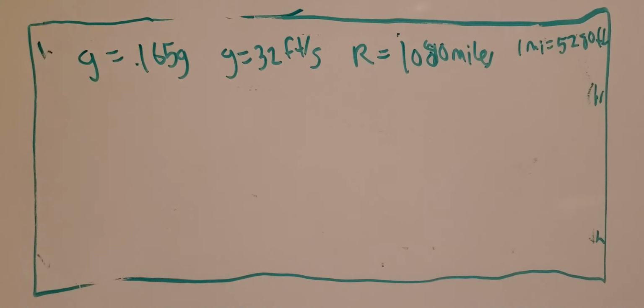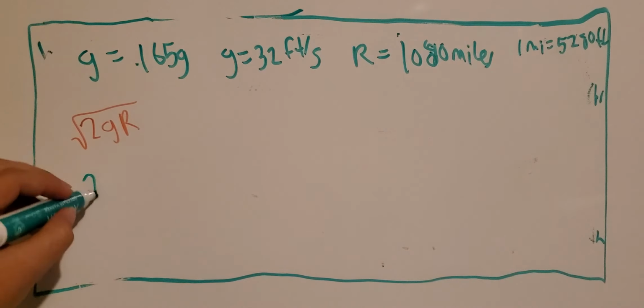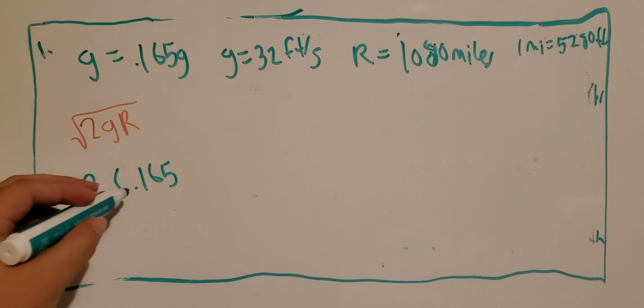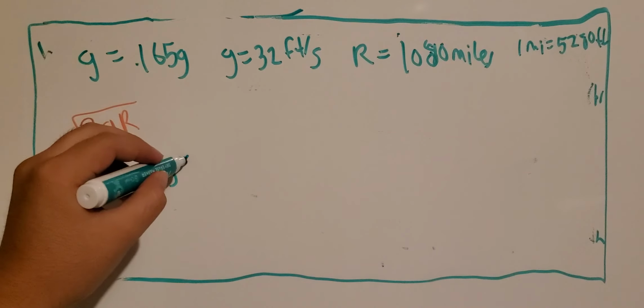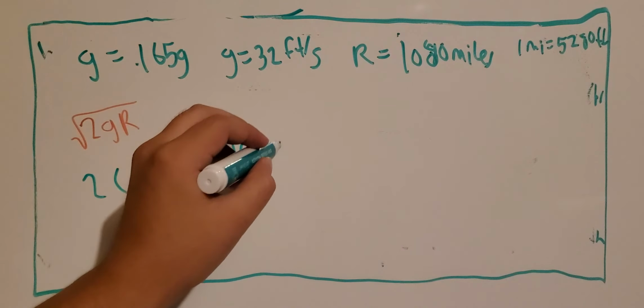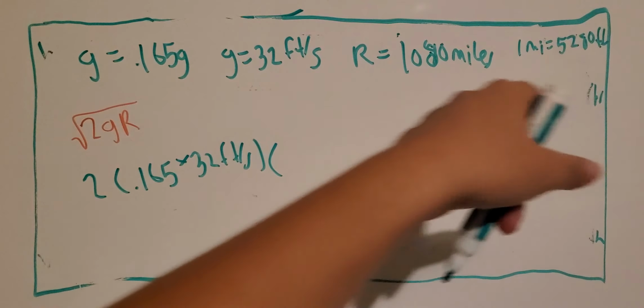We're going to use the same escape velocity formula, the square root of 2gR. Again, plug and chug: 0.165 times 32 feet per second squared, and the radius is 1,080 miles times 5,280 feet.